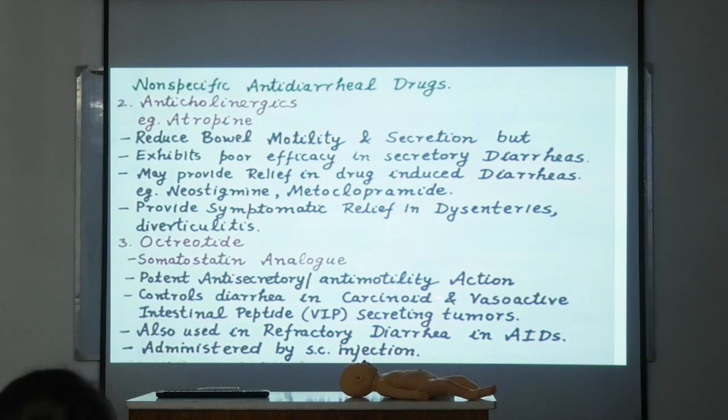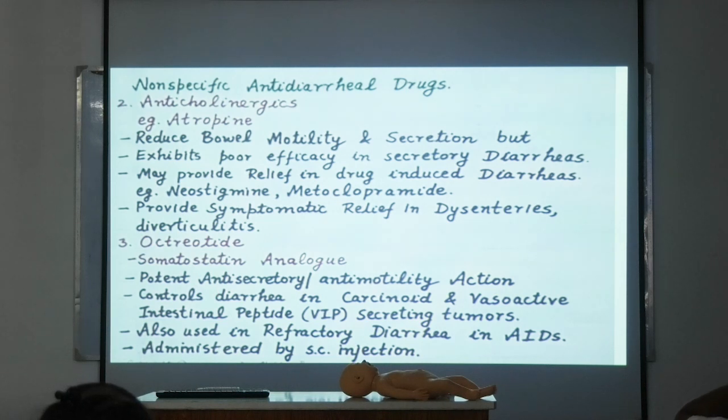They are called the carcinoid tumors and the vasoactive intestinal polypeptide secreting tumors. They cause very refractory diarrhea, very bad type of diarrhea. Other anti-diarrheal agents, other anti-secretory agents, other anti-motility agents will not provide symptomatic relief. In those cases, octreotide is reserved.